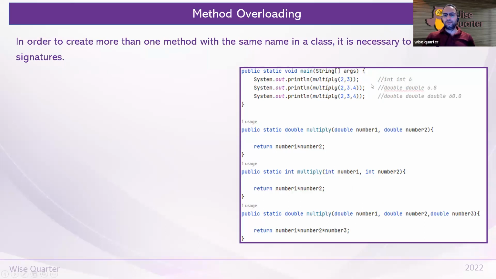If you don't have integer and double, the system will check. It says you cannot use a method, but actually you can, because we can outcast an integer to double automatically.